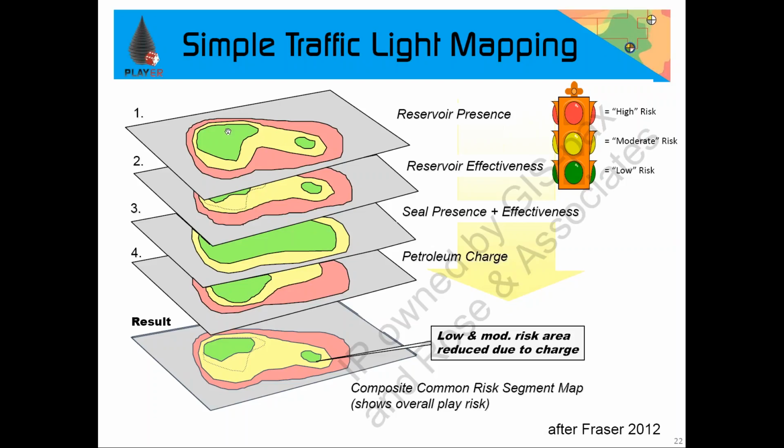Then each element is stacked together to form a composite, a CCRS map. When that process happens, you only get green where you have green at every level. If you have green and oranges, it will be orange. And if you have red at any level, it will be red. So the process really high grades the areas where all the elements are believed to be present.